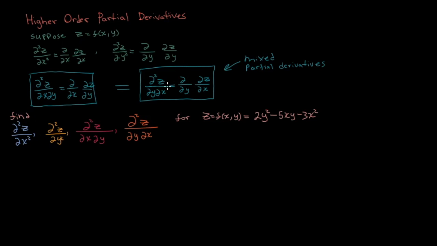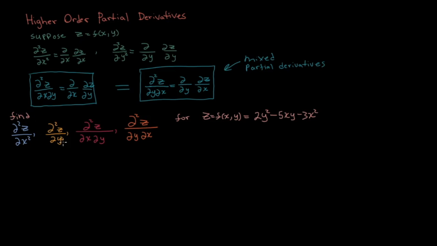You can also do it the other way as well, and it'll equal the exact same thing. First you can take the partial derivative of z with respect to x, and then you can take the partial derivative of that result with respect to y, and again you're going to get the exact same answer.